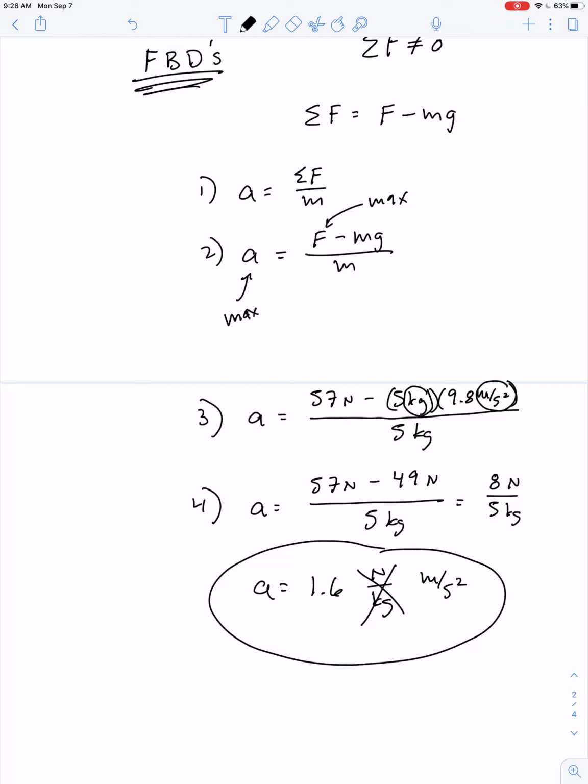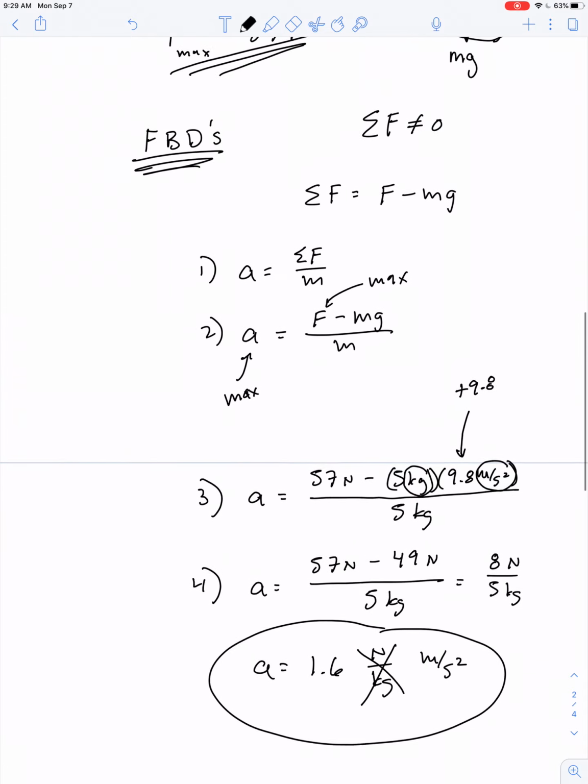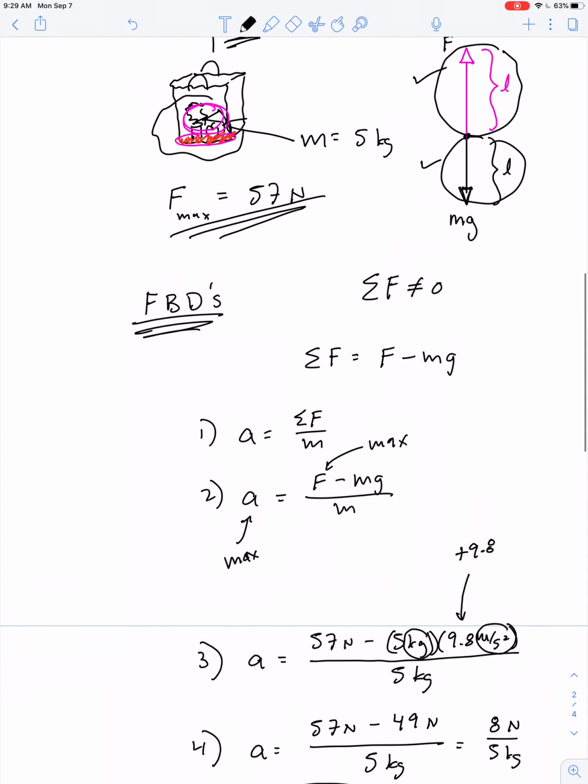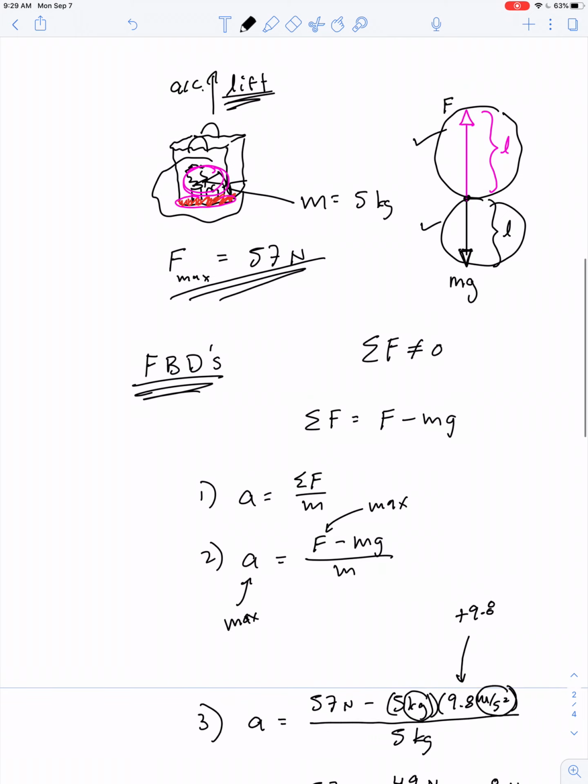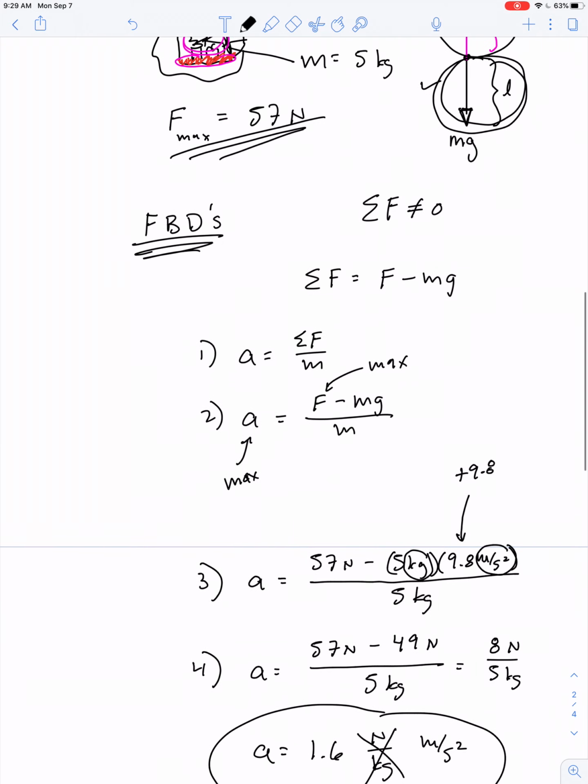One thing to note is you may have been surprised that I plugged in positive 9.8 for g. And some of you might be thinking, wait a minute, since it pulls down, shouldn't it be labeled as negative? Well, I've really already treated it as negative in a way by drawing the vector in the downward direction. And the fact that I subtracted that force from the applied force already took care of that.